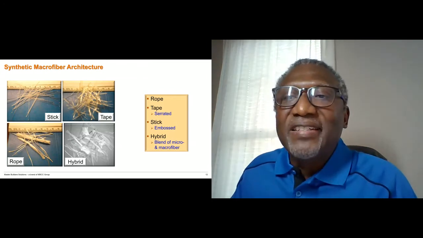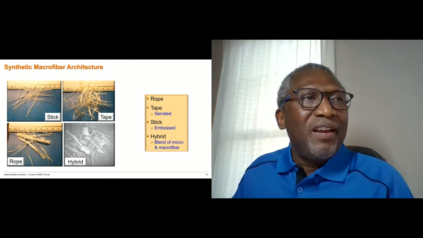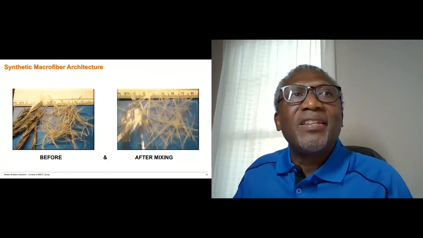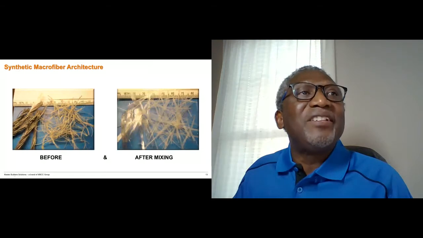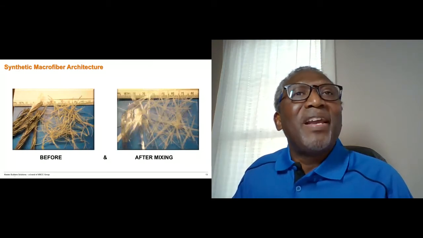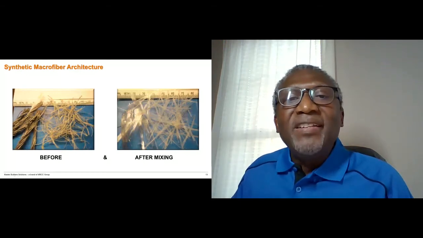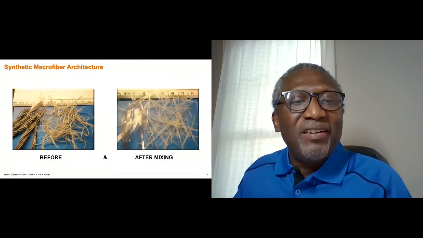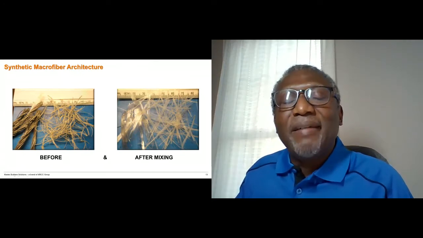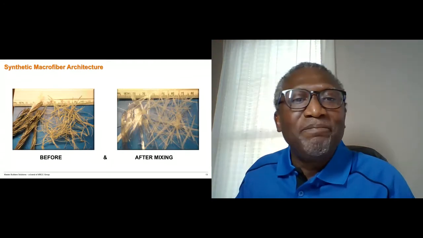Now, one of the things that's important is, with the exception of the stick fibers, the tape and the rope fibers will fibrillate when added to the concrete. So this is before mixing, and that's after mixing. And what this means is that when you get the fibrillation, the fiber count increases, and this can influence the paste demand. So that's something to take into consideration.